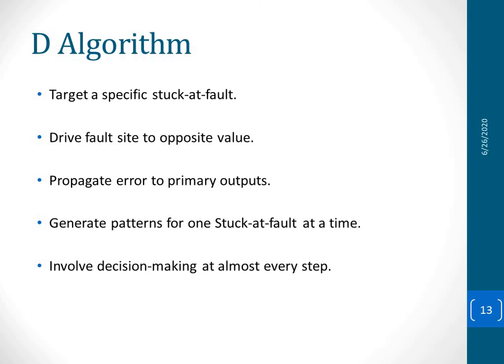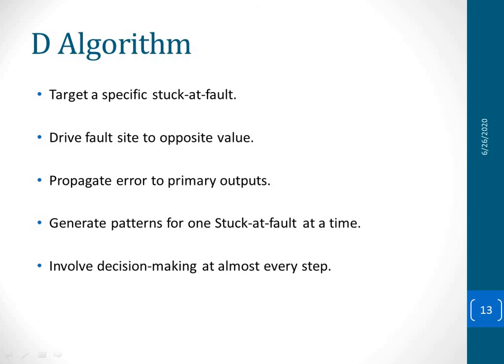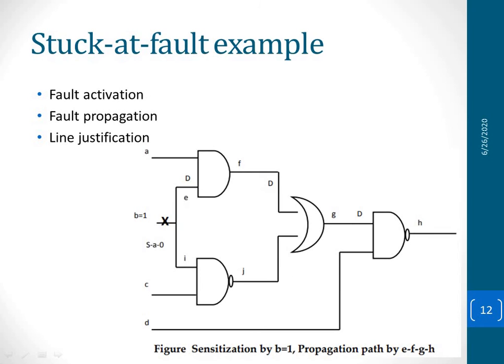In the D algorithm we target a specific stuck at fault, like what we have targeted here. We have just targeted this point, at stuck at 0, SA0 is stuck at 0. So we target a specific stuck at fault and drive the fault site to the opposite value. What is the opposite value? 1, isn't it? We are targeting stuck at 0 and the opposite value is 1.